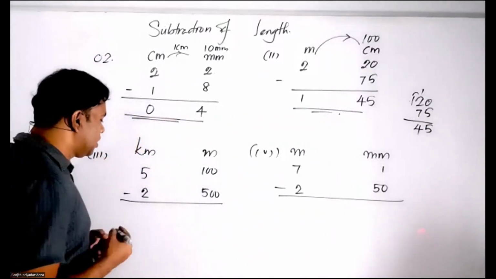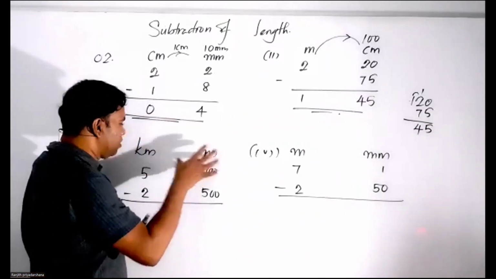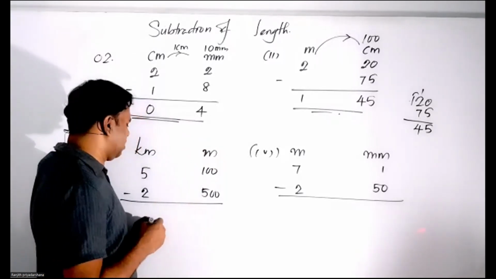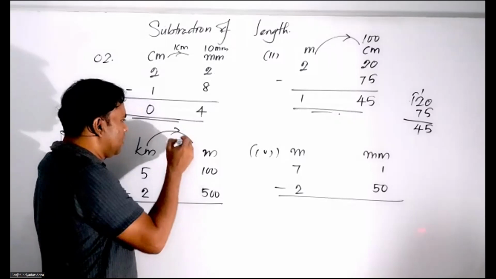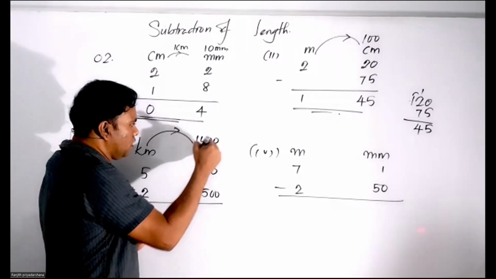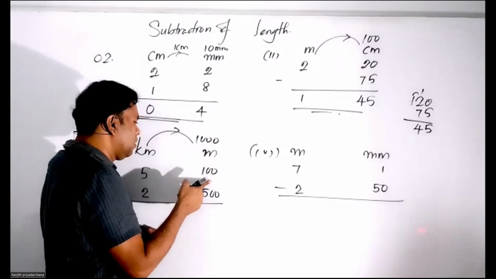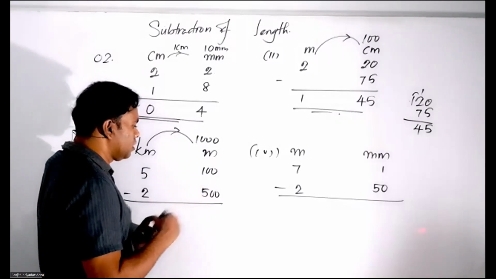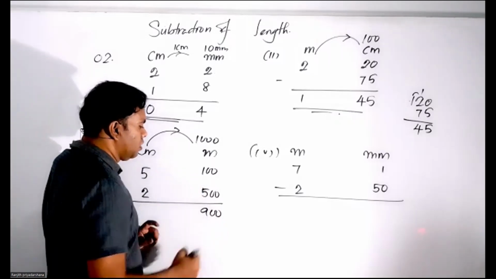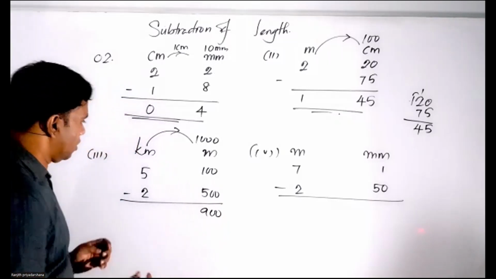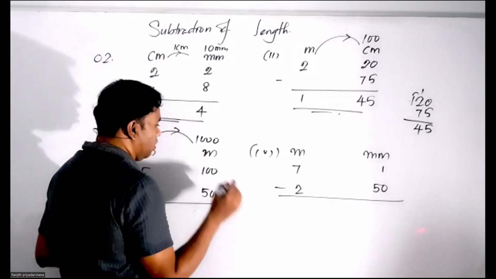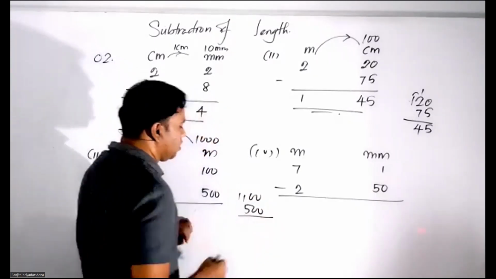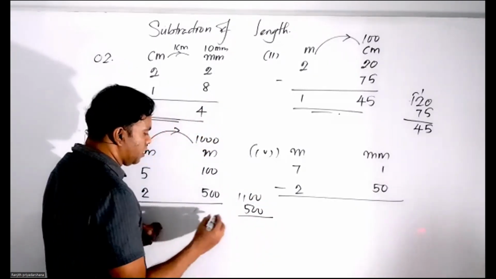Here, kilometer and meter, you know that 1000 meters equals 1 kilometer. 100 subtraction 500 is impossible. You take 1 kilometer to the side, then it becomes 1000. 1000 plus 100, that's 1100. 1100 subtraction 500, that becomes 600.